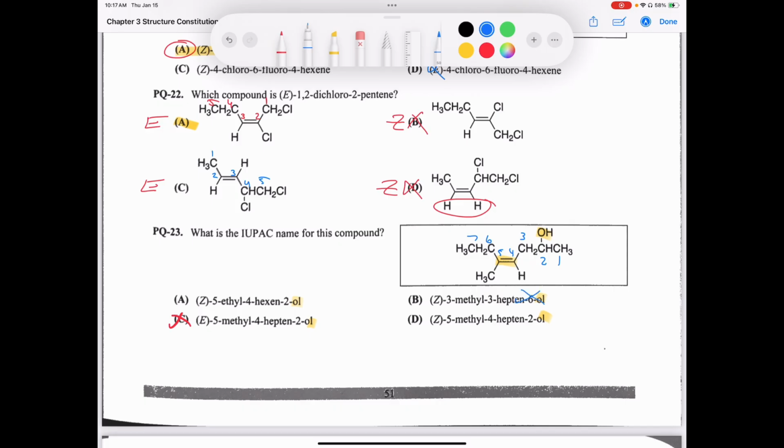And so you can see we have a methyl group at carbon 5, and so the correct answer is going to have to be D, which would be Z-5-methyl, 4-hepten-2-ol. So remember, in 4-heptene, the "ene" denotes that there's an alkene here, and it starts at carbon number 4, so the correct answer is D.